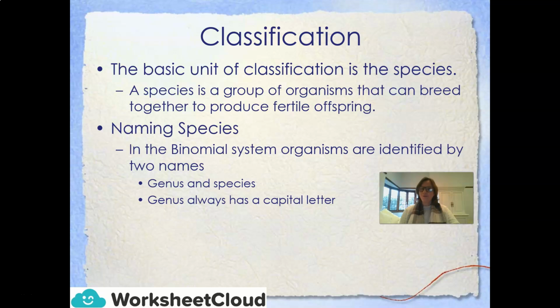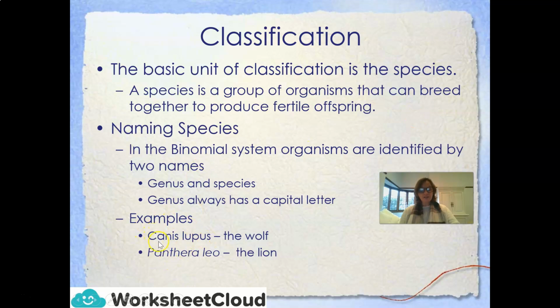The genus always has a capital letter. Let's take a look at our examples today. Canis lupus. That Canis would be the genus and lupus would be the species, the wolf. And then Panthera leo. Panthera would be the genus, leo would be the species, the lion.